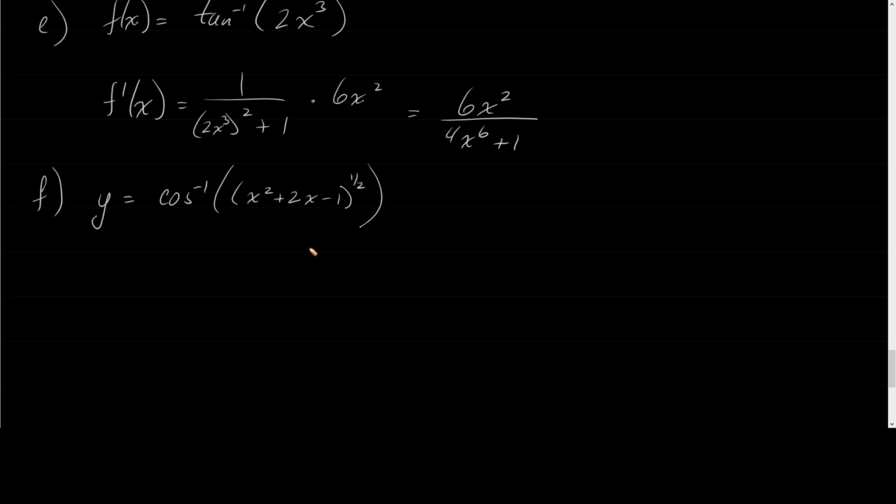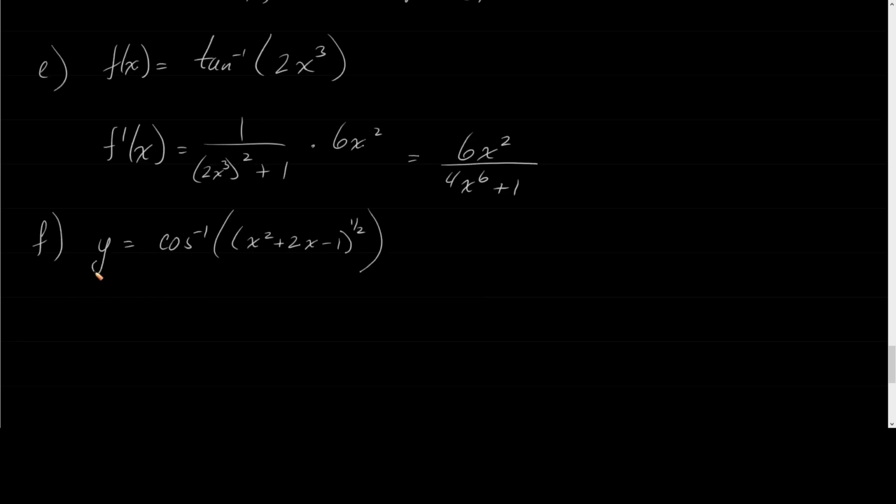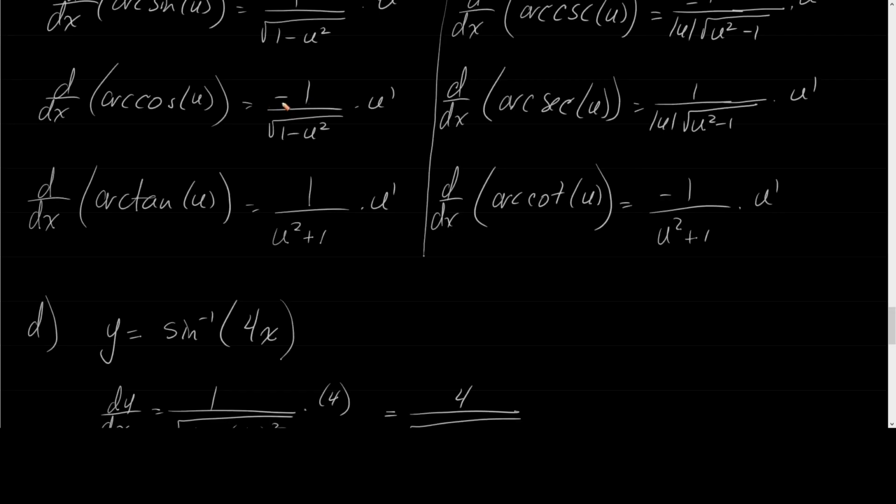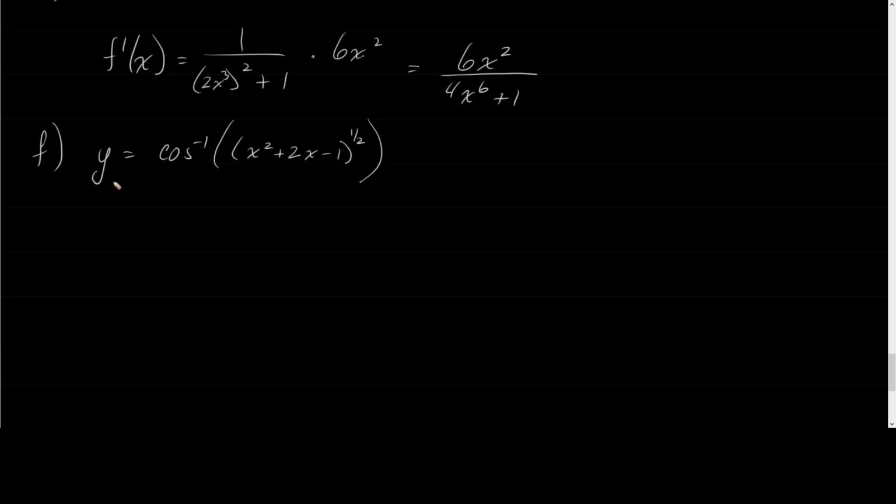By the formula up here, for cosine, negative 1 over the square root of 1 minus u squared. So we have that dy/dx is negative 1 over the square root of 1 minus u squared. And what was our u? This entire thing here: x squared plus 2x minus 1 to the 1/2. And then by chain rule, times the derivative of the inside.